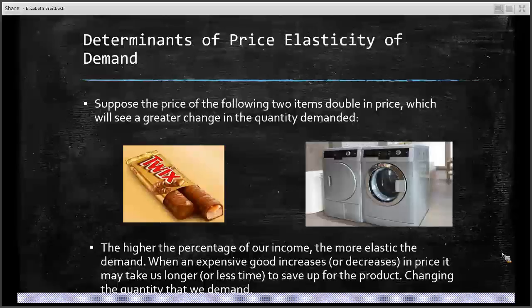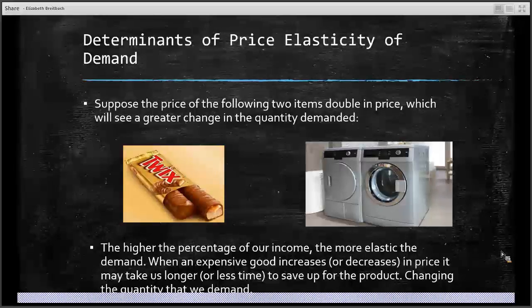It's going to take more time to save up for that product, and so I might decide, okay, I'm going to go to the laundromat for another year, or however I'm going to save up for that product. It's going to take me longer, and so I'm going to decrease the quantity that I demand quite significantly.